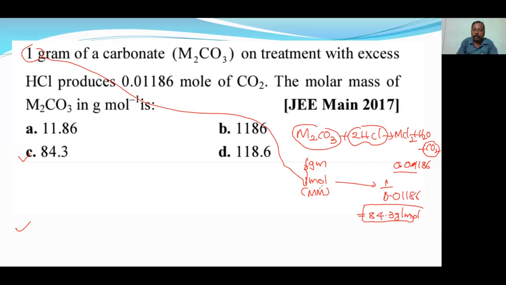Then 1 mole, that means the molecular mass, gives how much? Molecular mass is 1 upon 0.01186, which gives 84.3. I think it is clear now. Now let's see the next question.